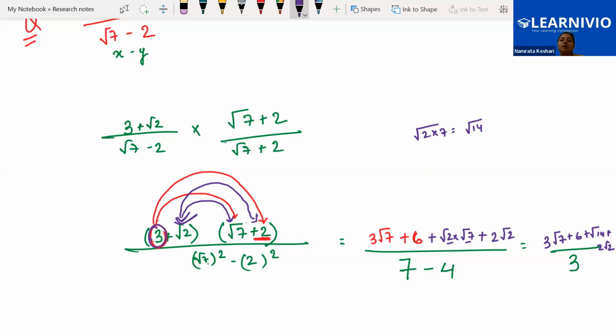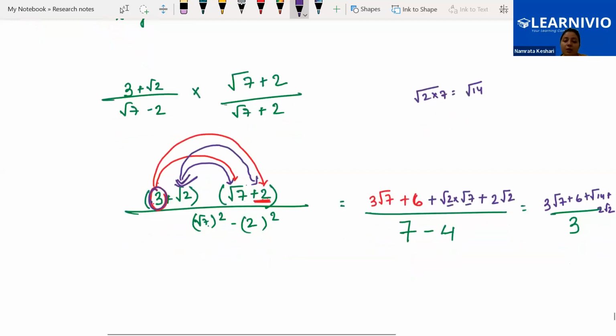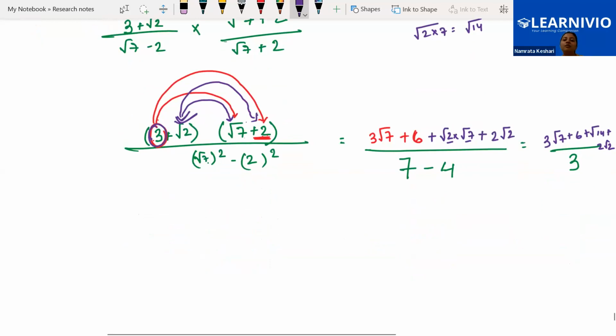So in this chapter, you have this type of simplification also, where you have to do the multiplication like this, one by one, the way you were multiplying binomial with binomial. Let me tell you how you will have the question.